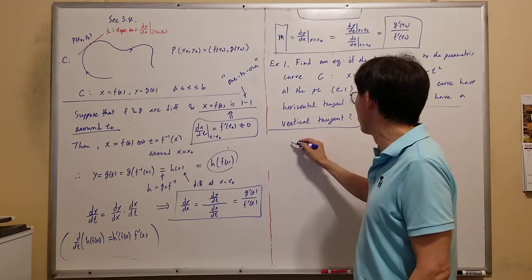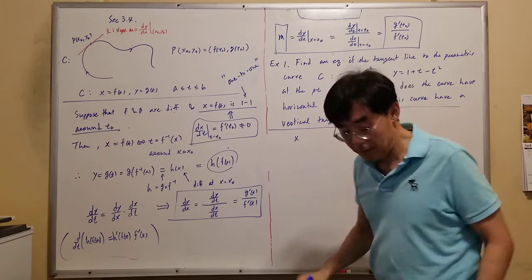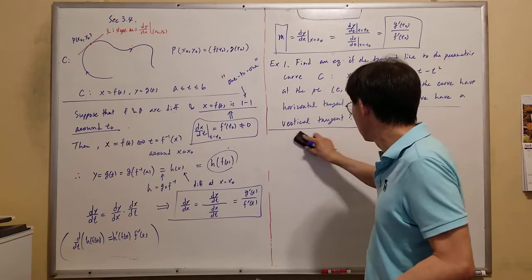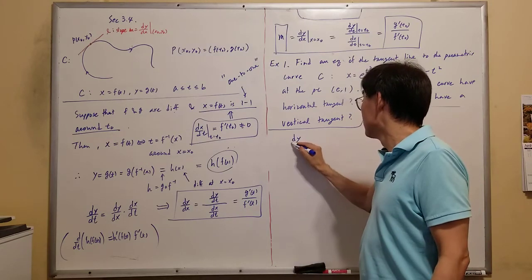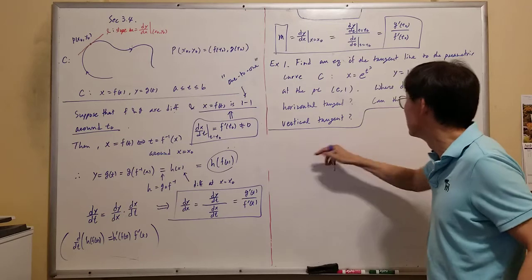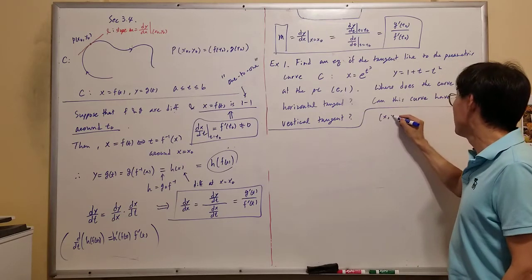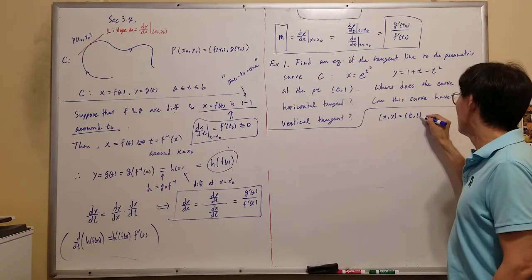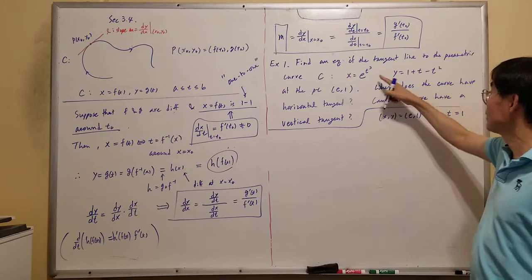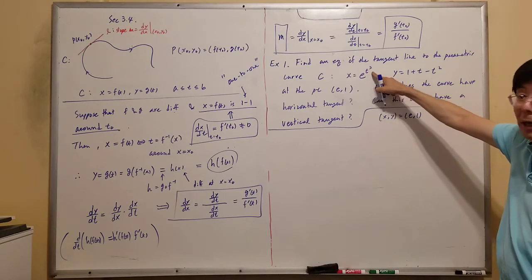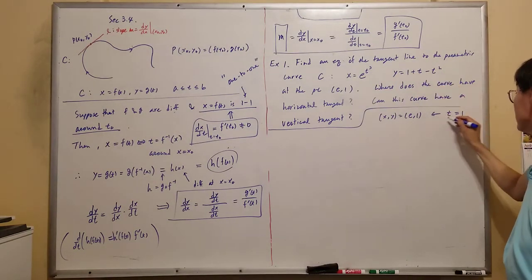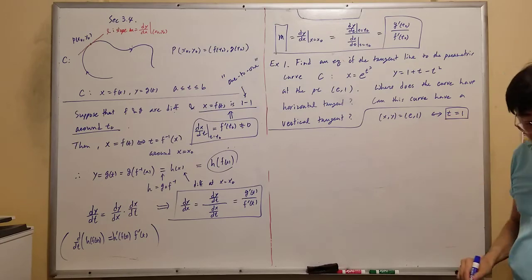All right. So your dy over dx, first of all we have to find, okay, so (x, y) equals (e, 1) is when t equals 1, isn't it? e to the 1 power, and 1 plus 1 minus 1 squared is 1. t equals 1.